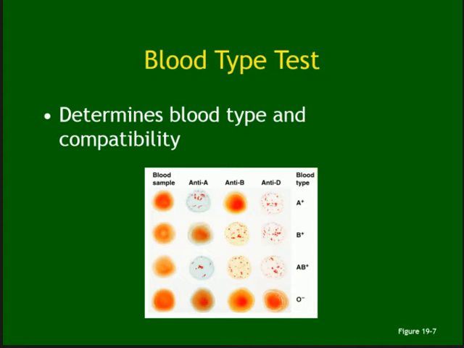So if you are type A, you have the antigen type A, it's impossible to have type A antibody, because it would react with your cells, killing all your cells. You can't have that. So if you have antigen type A, you cannot have antibody type A. You have to have type B.